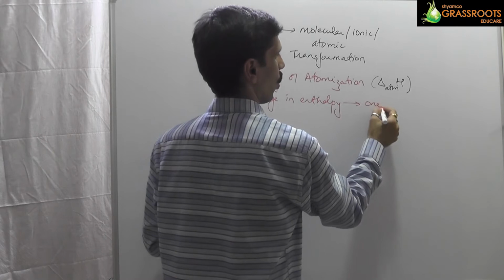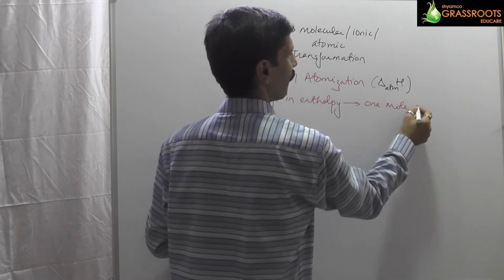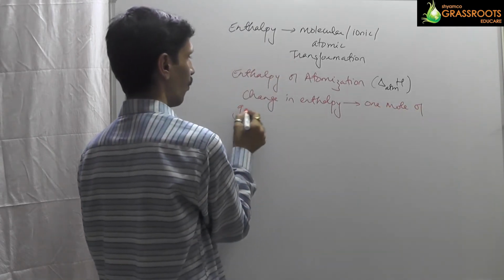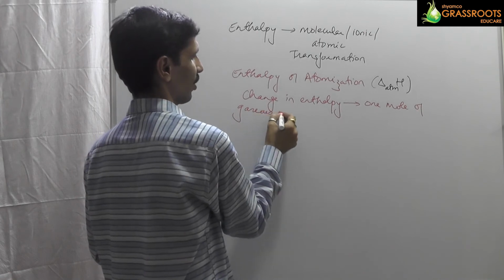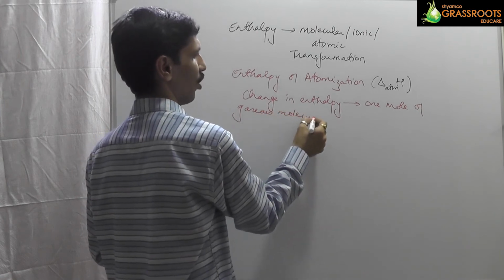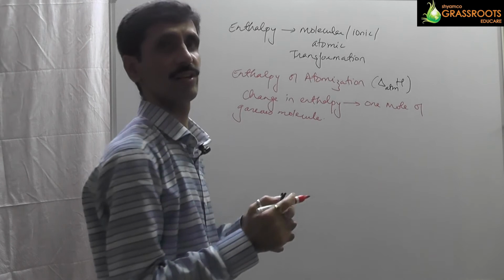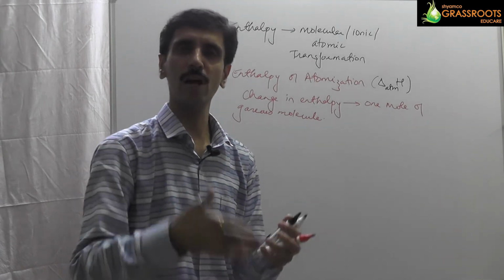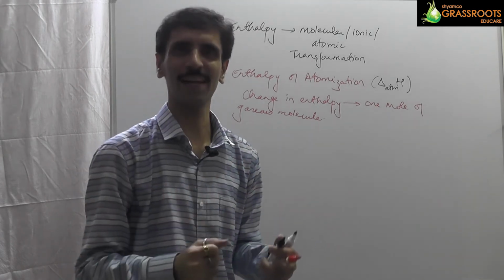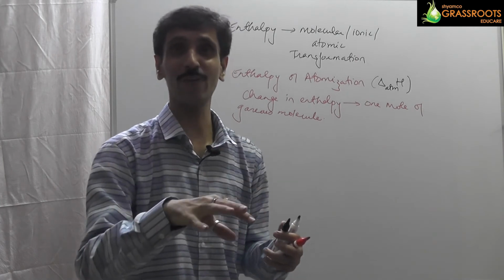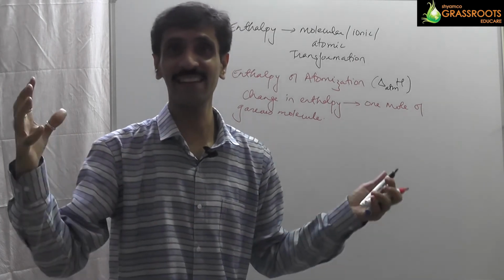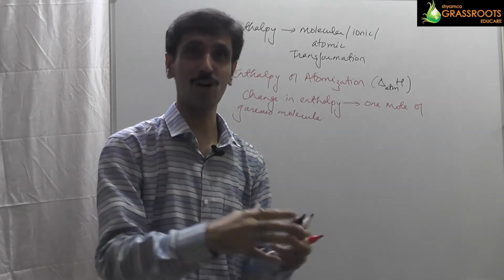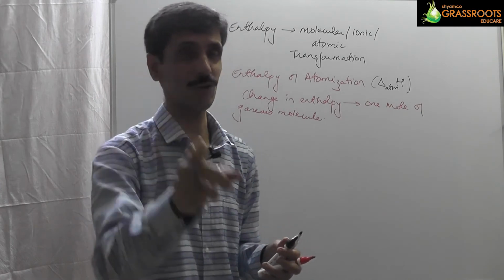when 1 mole of a gaseous molecule, क्योंकि you know very well, if you want to have atoms, you need to get it from a molecule. Molecule को तोड़ेंगे तो हमें atoms मिलेगा, और अगर तोड़ना है तो we require what? Energy. So energy is in, energy is absorbed, and that means it is called as what? Endothermic.